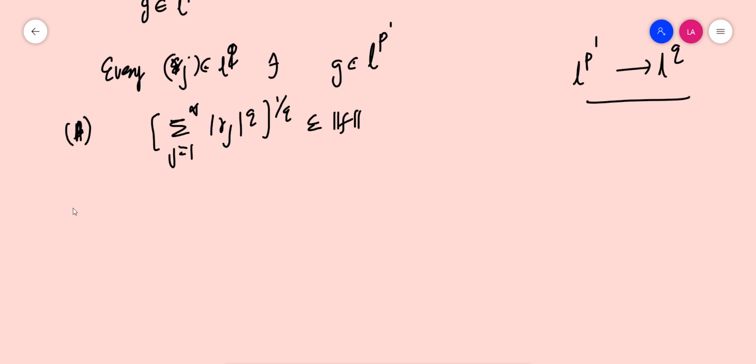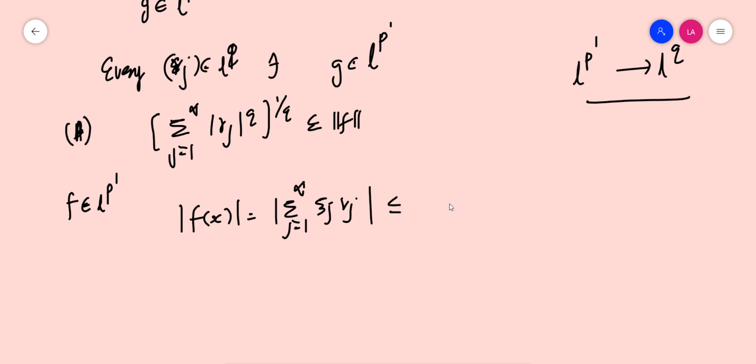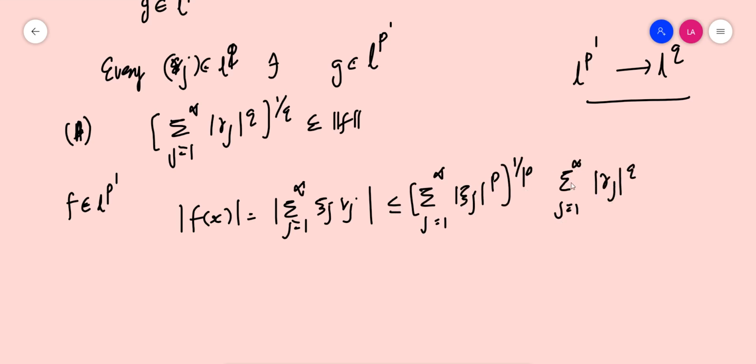So let f be a linear functional, an arbitrary linear functional. We have modulus of f of x equal to the summation j equal to 1 to infinity of theta j times gamma j, and this is, by Holder's inequality, less than or equal to the summation j equal to 1 to infinity of modulus of theta j raised to p, the whole raised to 1 by p, times the summation j equal to 1 to infinity of modulus of gamma j raised to q, the whole raised to 1 by q.